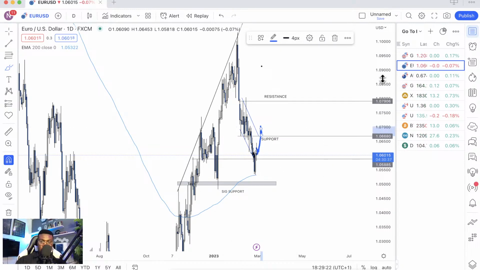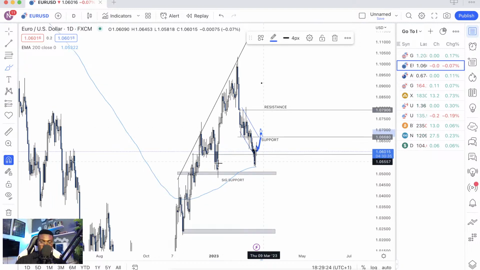So you can see that we haven't really broken out of the bullish structure yet. This can still serve as a higher low, right? And if you notice, it's currently sitting at the 200 period moving average on the daily time frame, right?